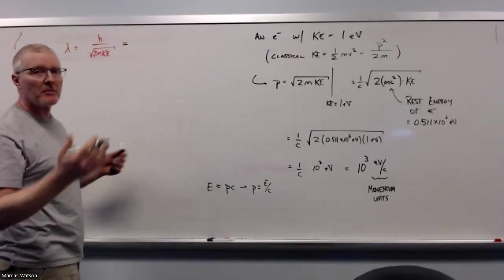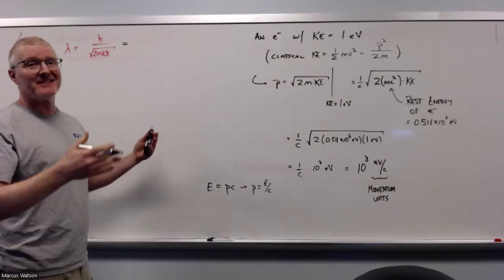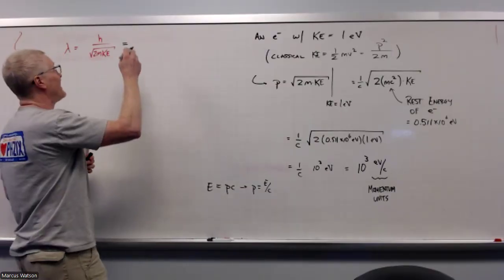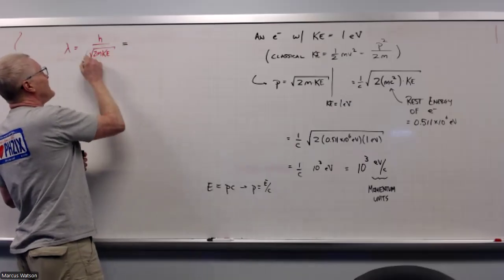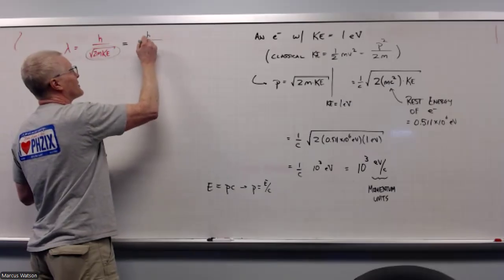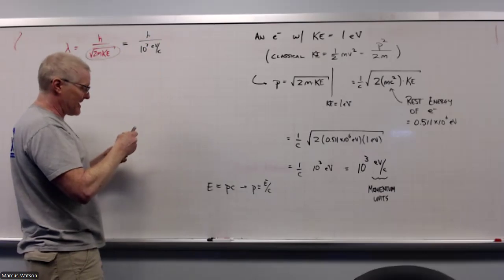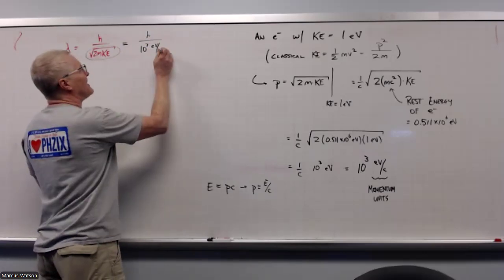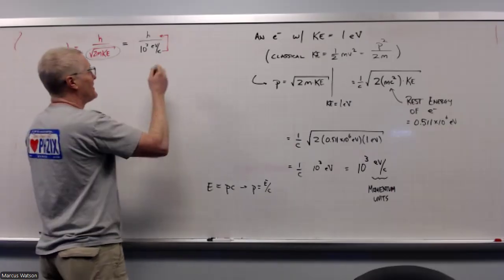H is a small number, but H times C is not that small of a number. It's a fine number. It's a great number. So if I take the units of these right here, and I go, this is H divided by 10 to the third eV per C, well now why don't I just take that C and pop it up here? Because it's in the denominator, right?